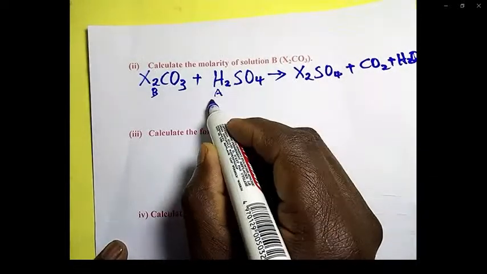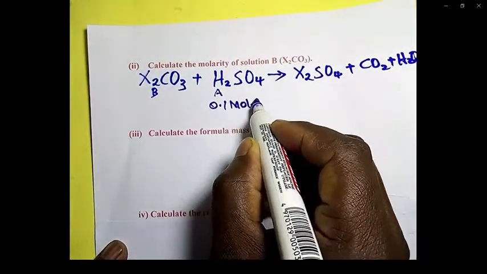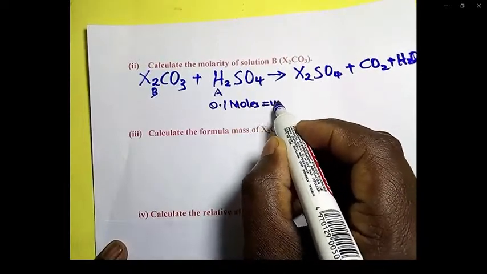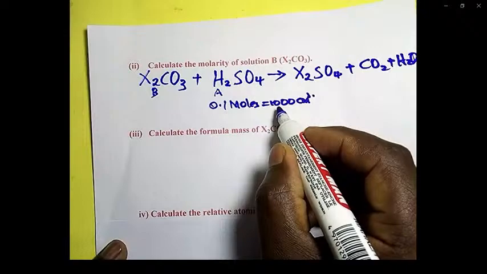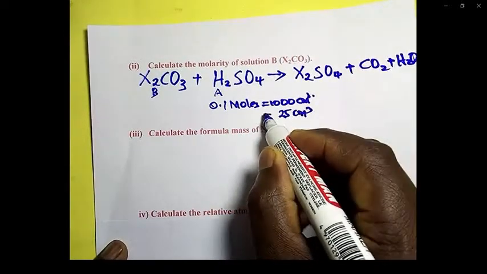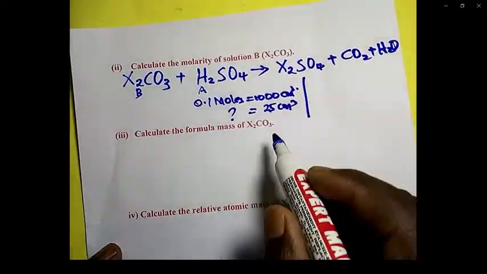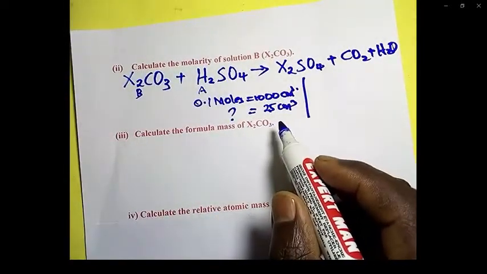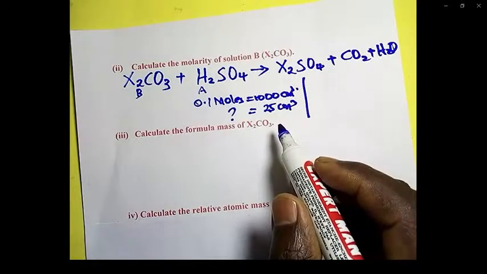We know that 0.1 is the number of moles of sulfuric acid in 1 liter, 1000 centimeters cube. We will ask 25 centimeters cube will give us how many moles. So use your calculator and you will realize that it will give you 0.1.